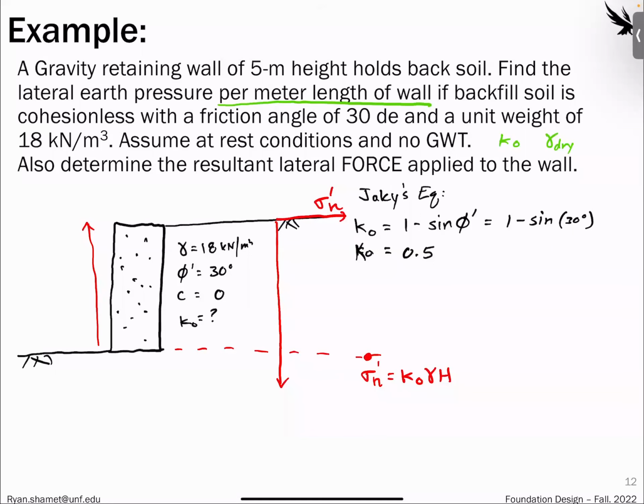And our height is 5 meters. Hopefully you can recognize that this is just our sigma V, or our vertical, that's where we're getting that from. This is an H. So we'll plug all this in: 0.5 times the unit weight of 18 kilonewtons per cubic meter, and then times 5 meters. And that should be 45.